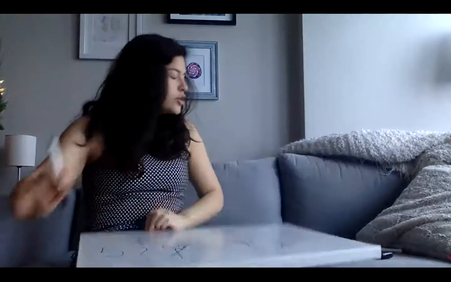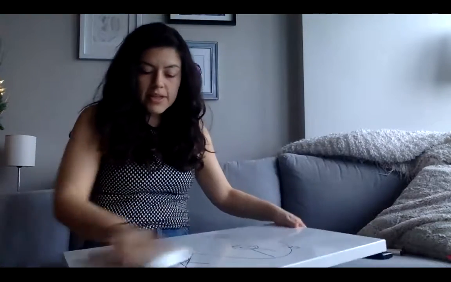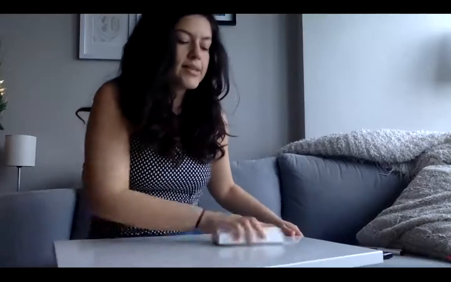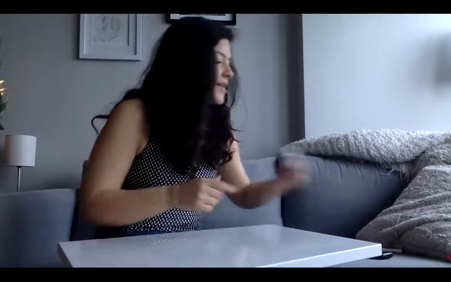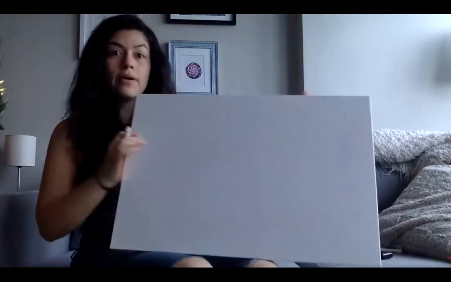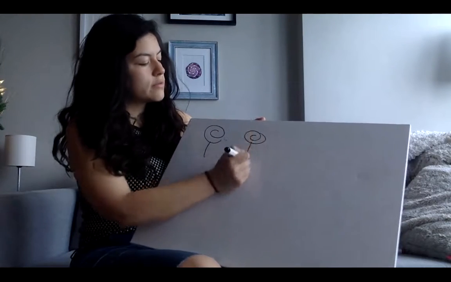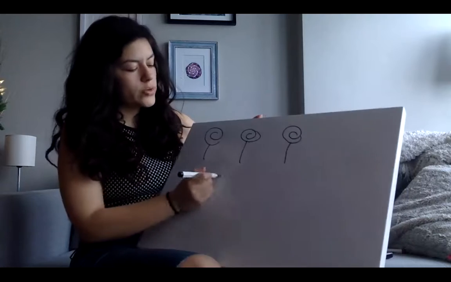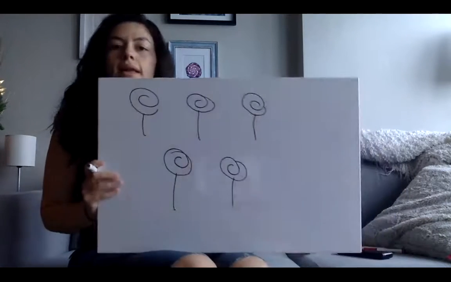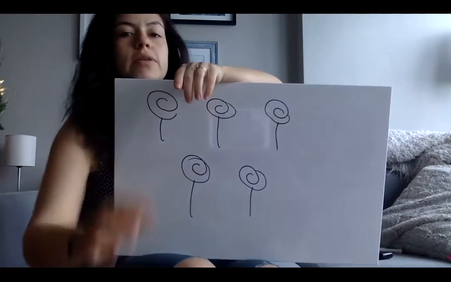Now, I'm going to show you how we could have solved for this problem by using our fingers. So far, we've been focusing on drawings a lot, and I think that's one of the best strategies. But if ever you don't have paper or pencil, you could always use your fingers. All right, so here are the 5 lollipops. And this time, I'm going to solve the problem by not drawing, but by using my fingers.